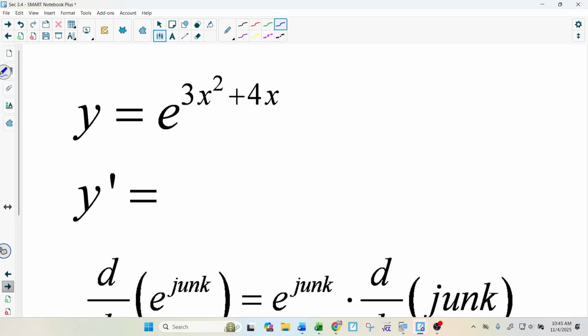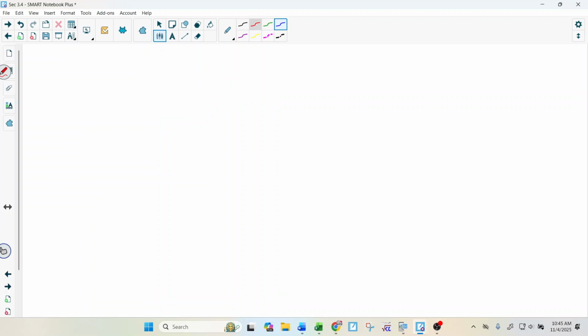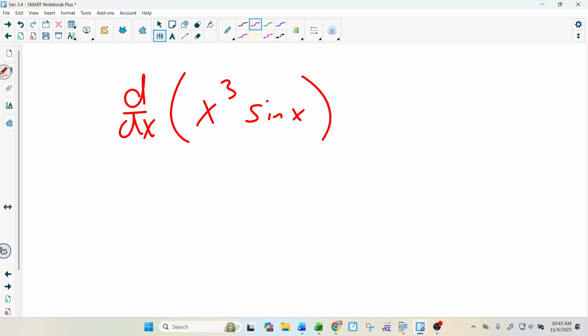Do you understand, and we'll review tomorrow, but do you understand something like that? That is product rule. Doesn't involve chain rule at all, right? Or that's quotient rule. Doesn't involve chain rule.